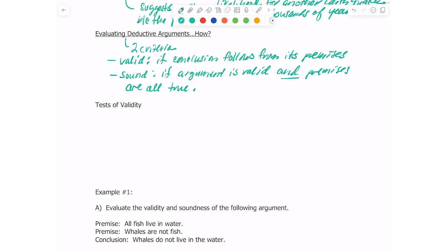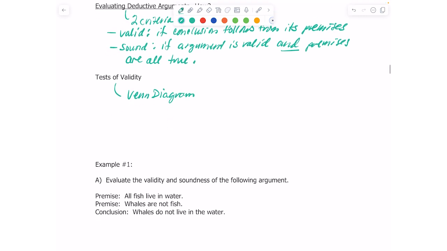Okay, so we have some tests to determine whether deductive arguments are valid. One of those things we're going to look at is a Venn diagram. So we'll see quite a few of those. They're a great visual way of proving if the argument's valid. We need to ask ourselves, does the diagram contain all the information contained in its premises?